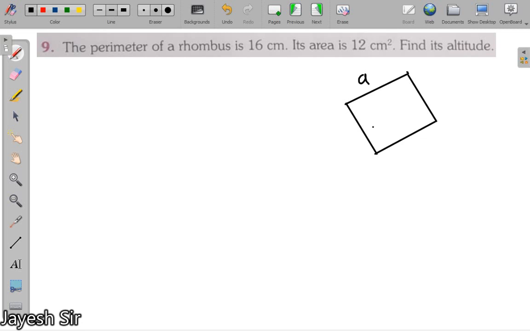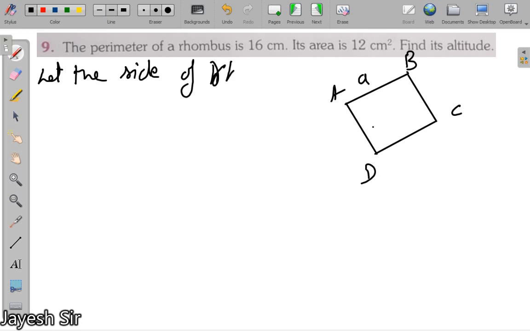Let the rhombus be ABCD, and let the side of the rhombus be a. We know that each and every side of a rhombus is equal, therefore all sides are equal to a.